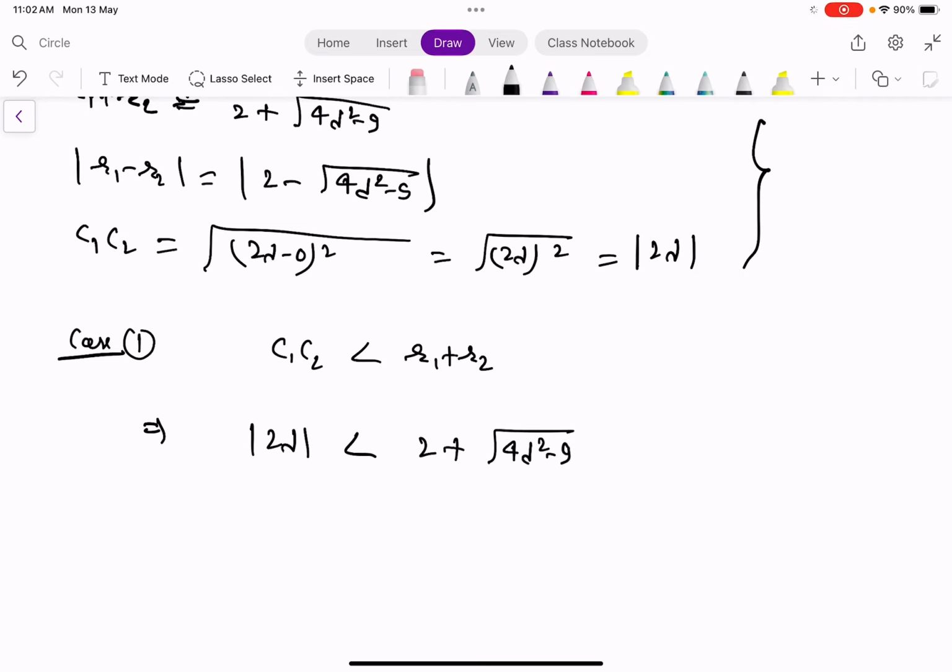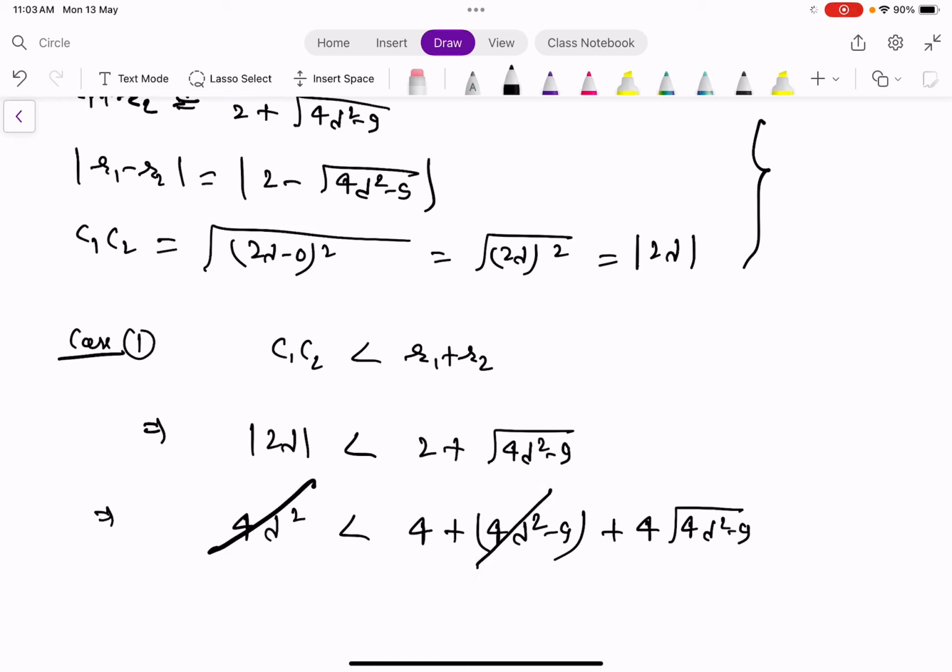Now take the whole square on both sides. So 4 lambda square is less than (a plus b) whole square, that is a square plus b square plus 2ab, which is 4 plus 4 lambda square minus 9 plus 2 into 2 into under root of 4 lambda square minus 9. So 4 lambda square cancels out.